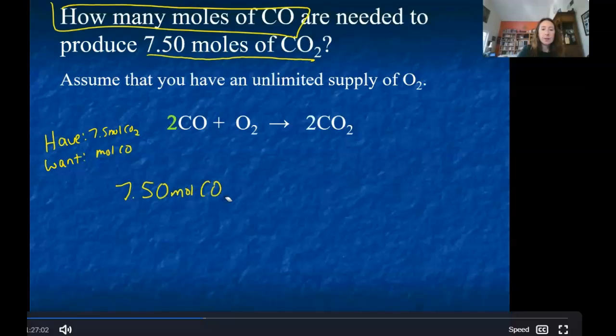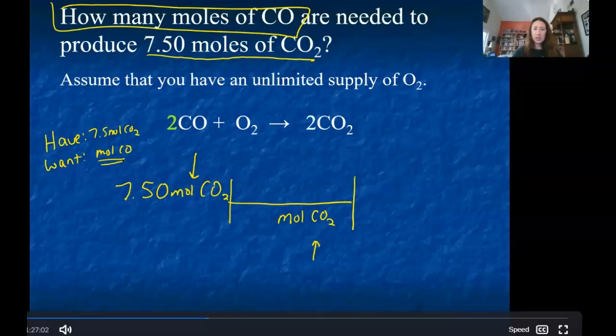And now let's say, I don't know what to do. Whatever unit you have here, put it on the bottom. At least you can do that, right? That's the least we can do. Now, if we look at what we want, moles of CO. So now we think, if we want moles of CO, is there a relationship between CO2 and CO?